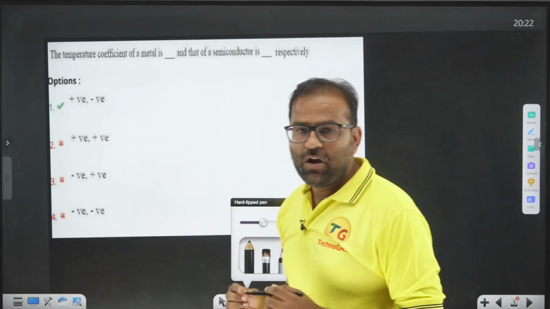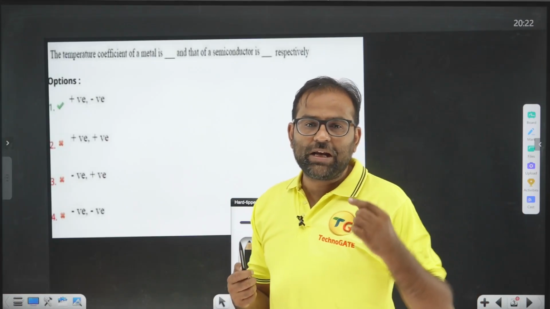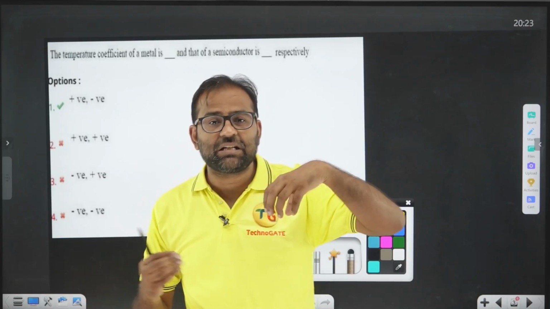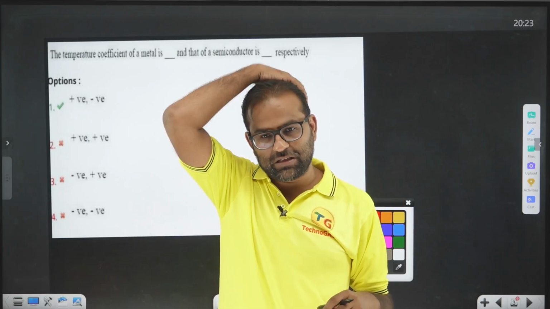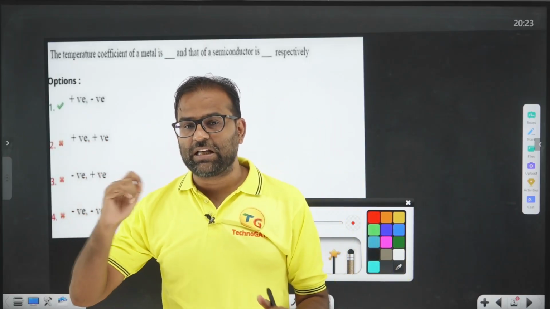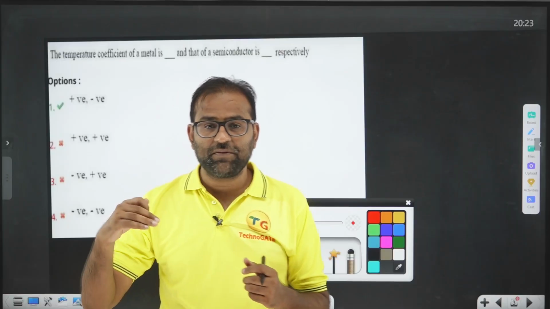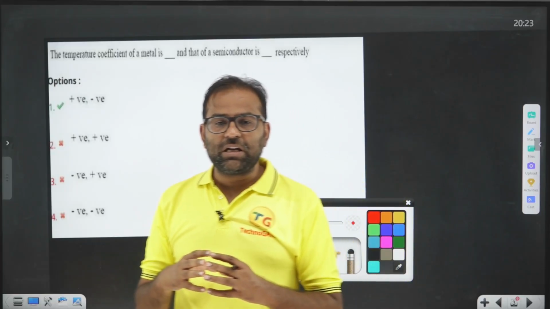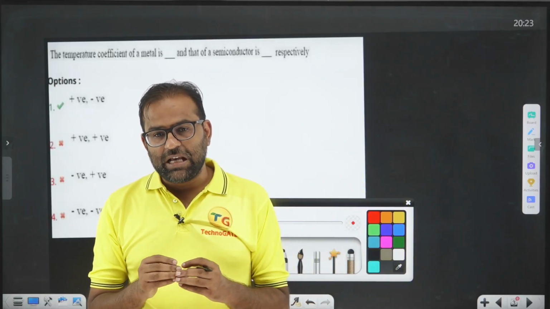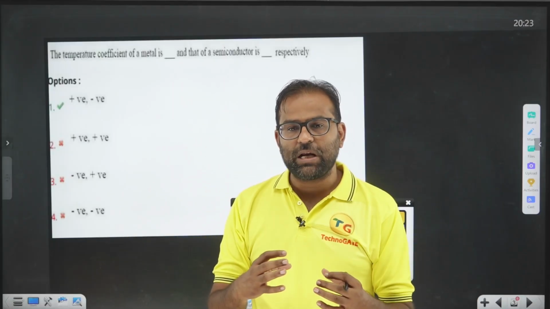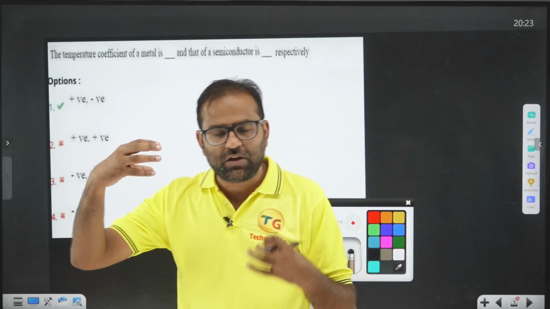So for metal, flow of electron is known as conductivity. There is a resistance in the flow of electron, that is known as resistance. So in metal, if you increase the temperature, resistance will increase. While in semiconductor, when you increase the temperature, the rise in temperature breaks the covalent bond, and it releases one electron and one hole.